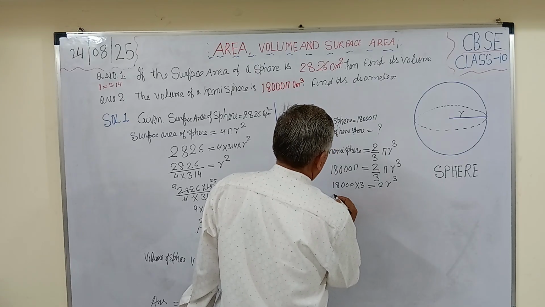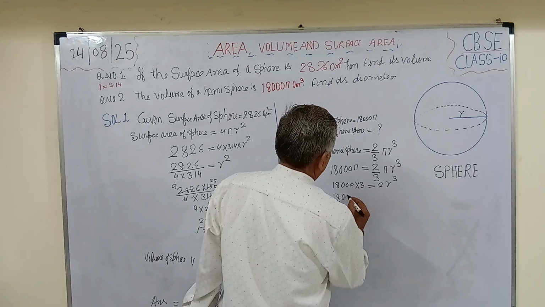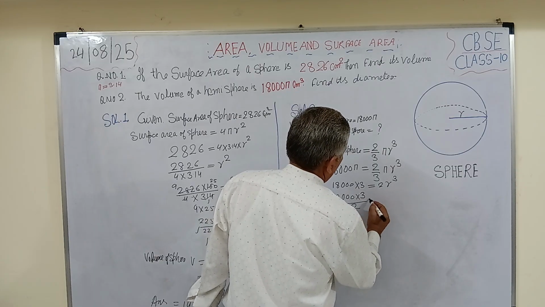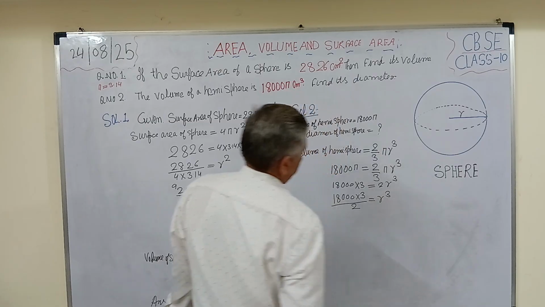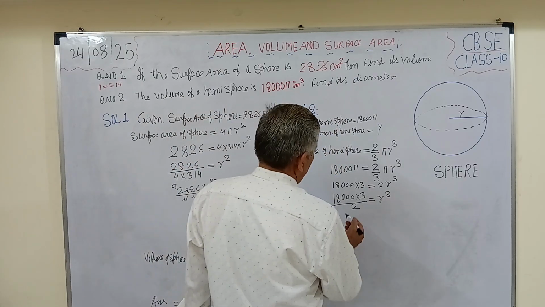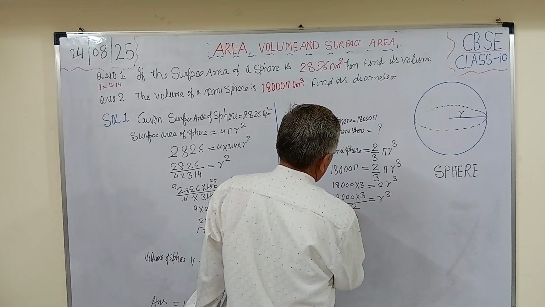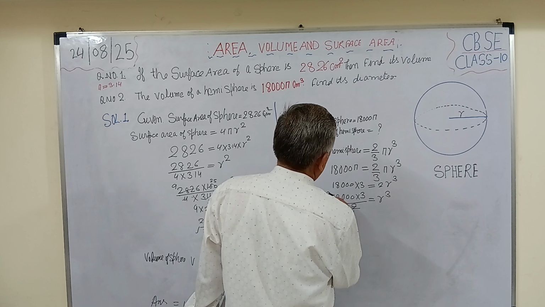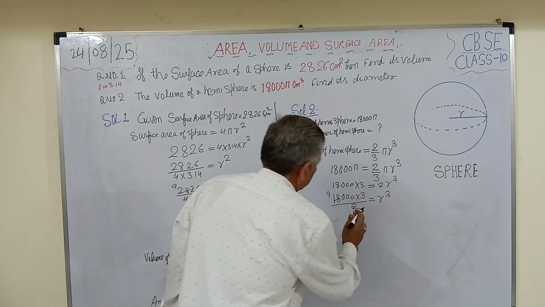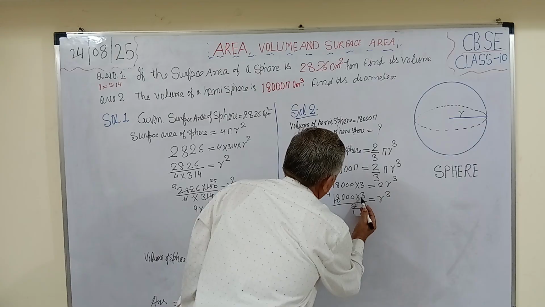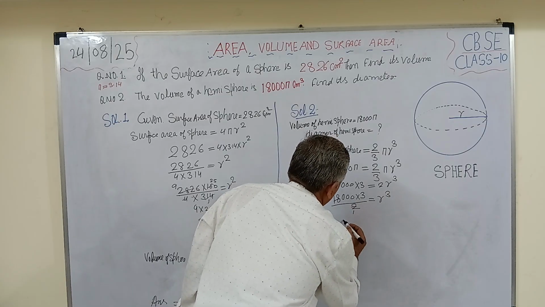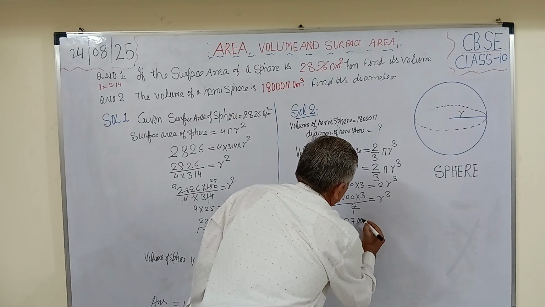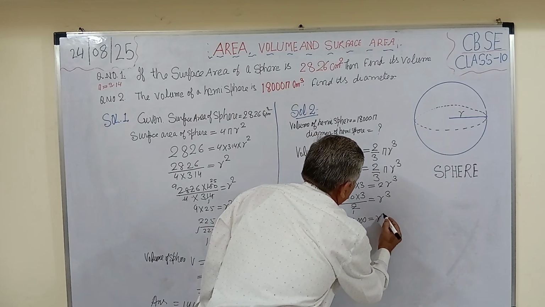Or this will be 18,000 into 3 upon 2 equals r cube. 2 into 9 is 18, so now we are getting 27,000 equals r cube.